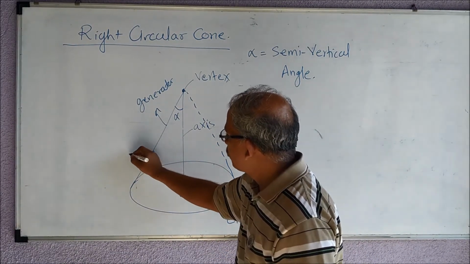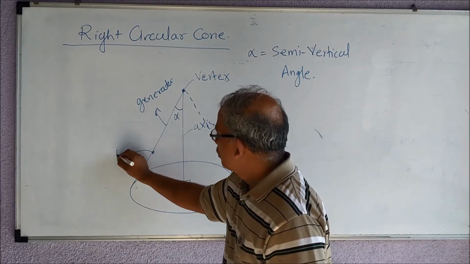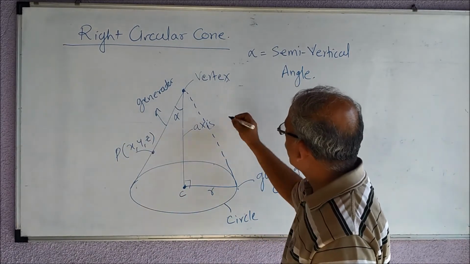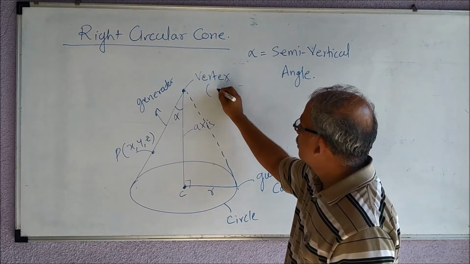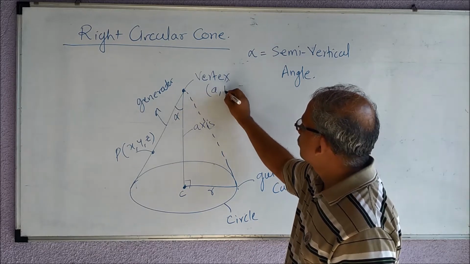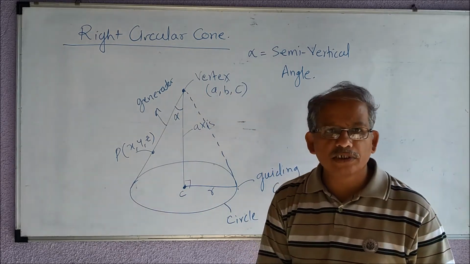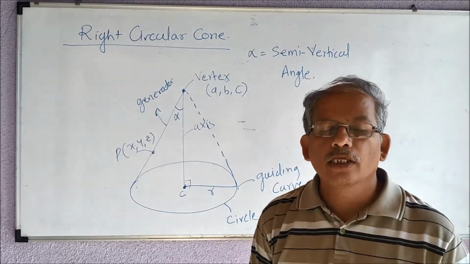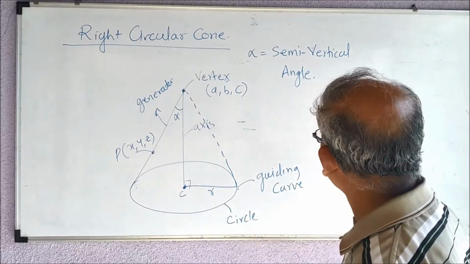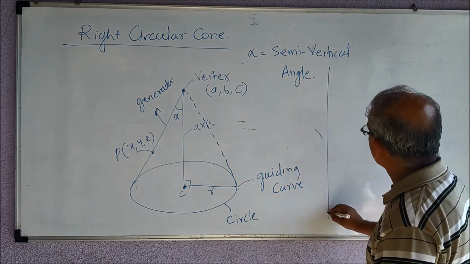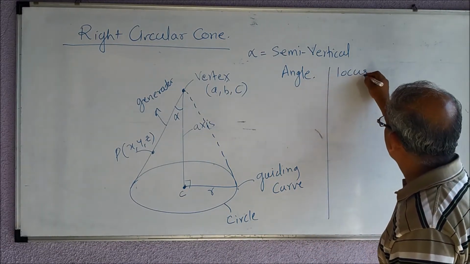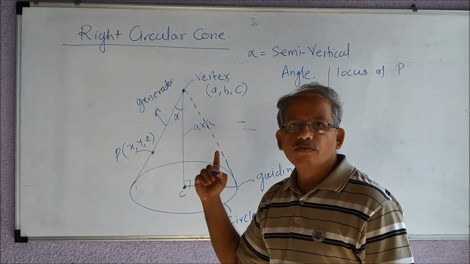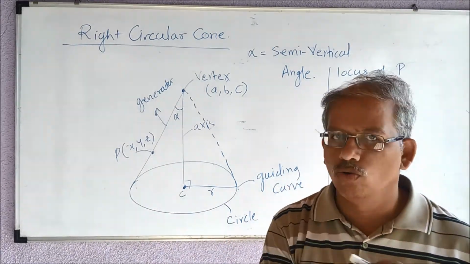Let me take any point P(x, y, z) on the generator, and I will take the vertex as, say, (a, b, c). So (a, b, c) is the vertex and P is any point on the generator. Then what is the locus of P? We are actually finding the locus of P, and that locus of P gives me the equation of this right circular cone.